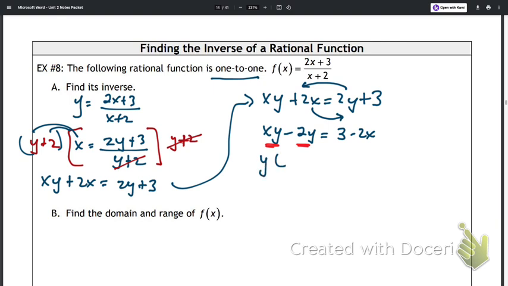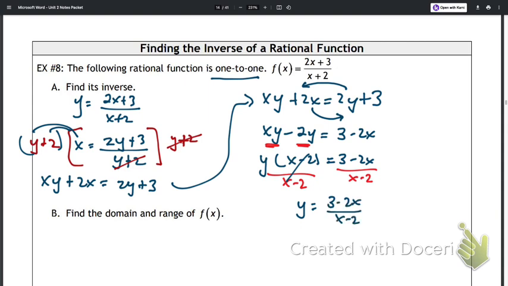So y is being multiplied times x minus 2. The reason why we want to do that is because that gets the y by itself, basically. Now I'm going to divide both sides by x minus 2 to get y by itself. And that leaves me with that canceling, and I've got y equals 3 minus 2x over x minus 2.